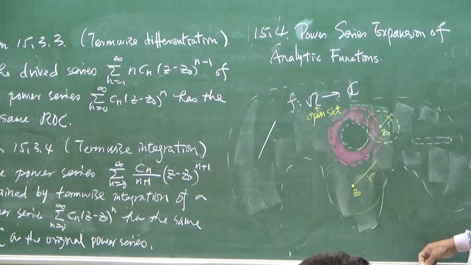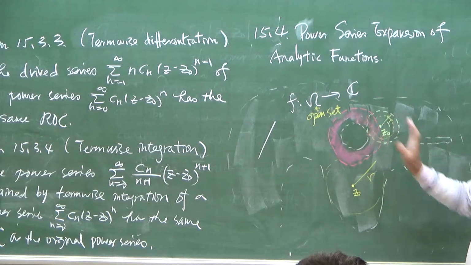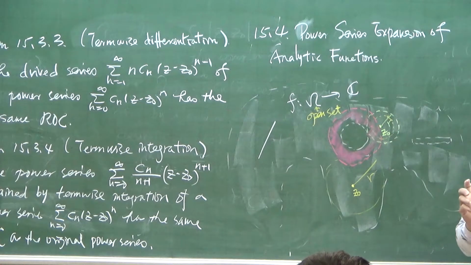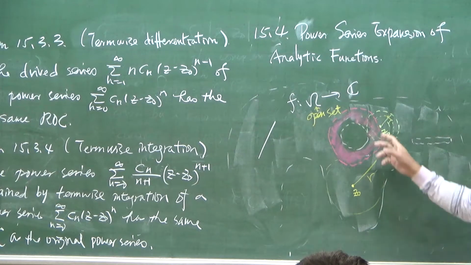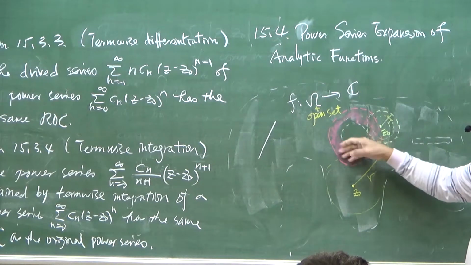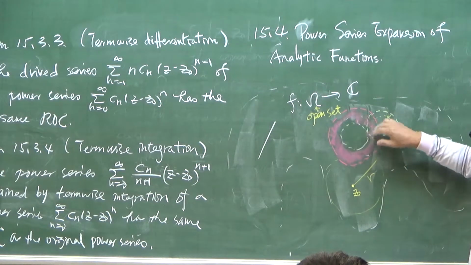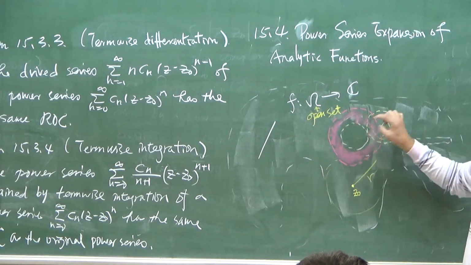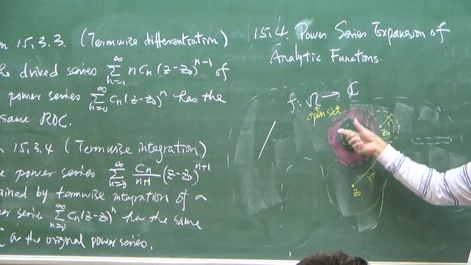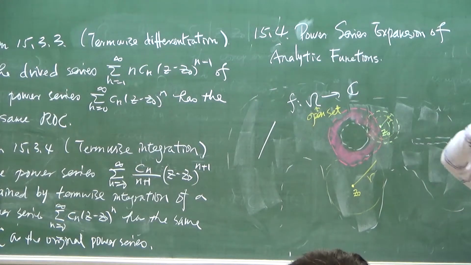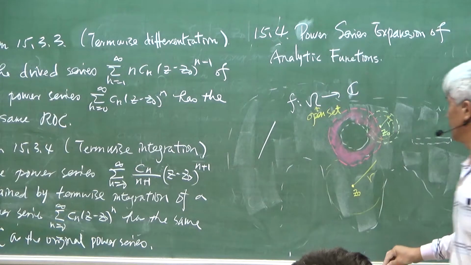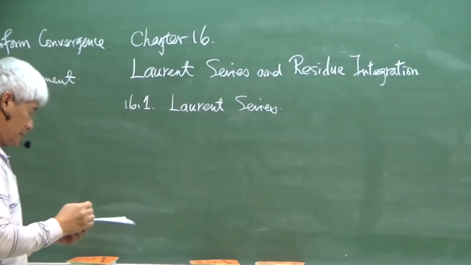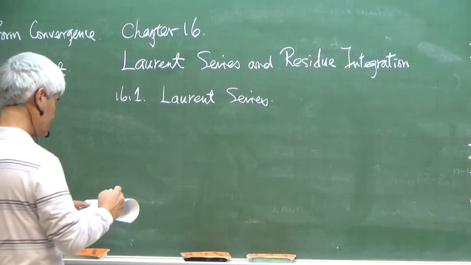Okay, and so now we will see a kind of extension of the power series that will give us a simple representation for a function defined on this part. You can see this part is like an annulus, right? This is an annulus. Okay, and such a representation is called the Laurent series representation.